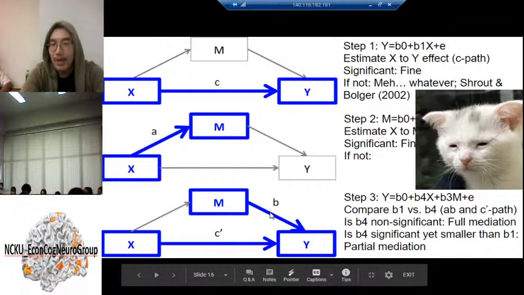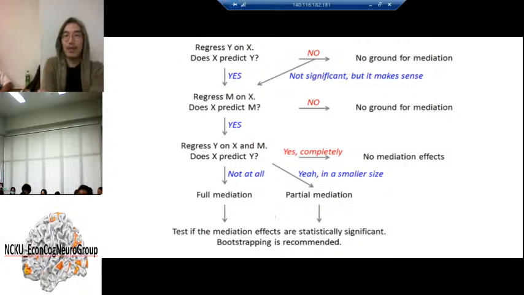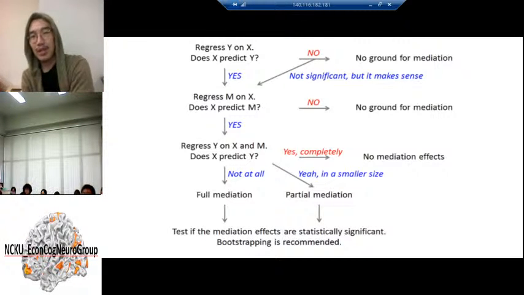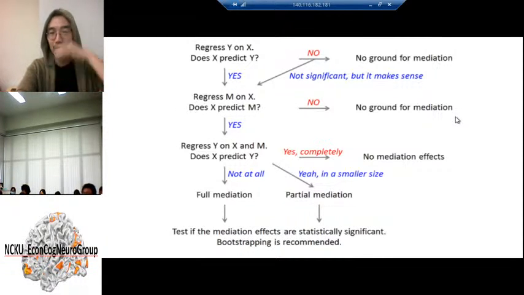That's what's going on, and the flow chart is saying so. Regress Y on X. If not significant, you can still go on. Regress M on X. If not, you have no ground for mediation, so just give up. And if fine, regress Y on X and M.